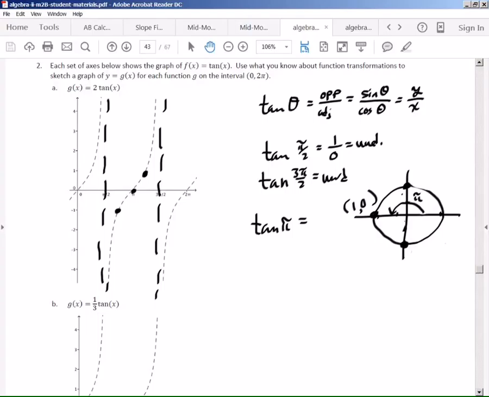The x number always goes first. The y number goes second. So if I have a tangent of pi, it's going to be 0 divided by -1. Is that allowed?